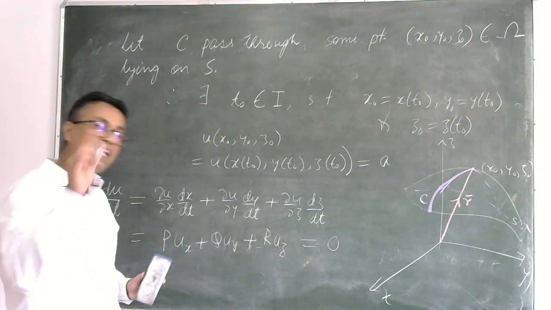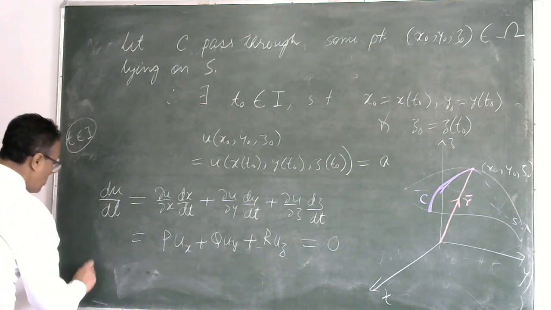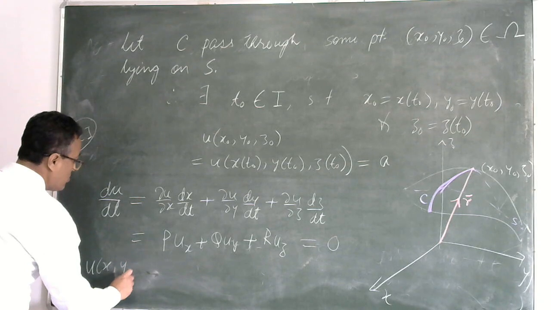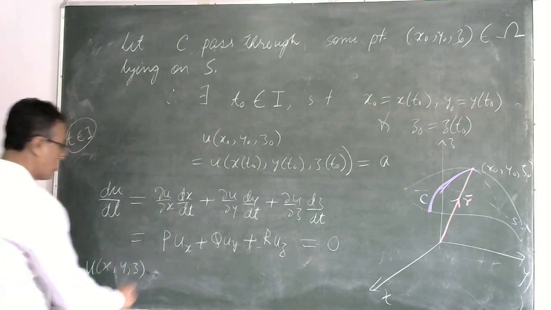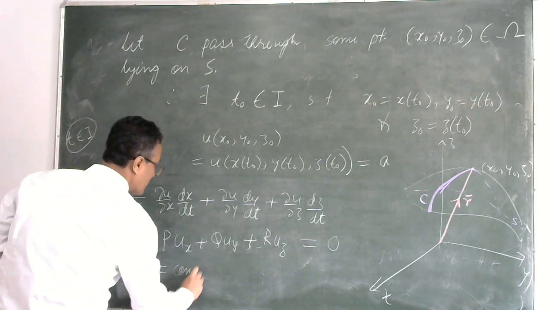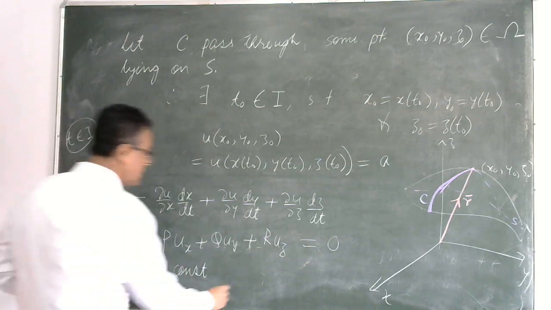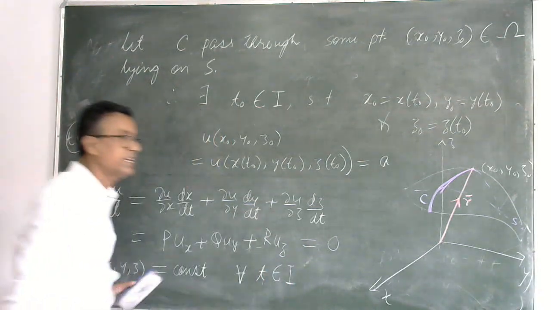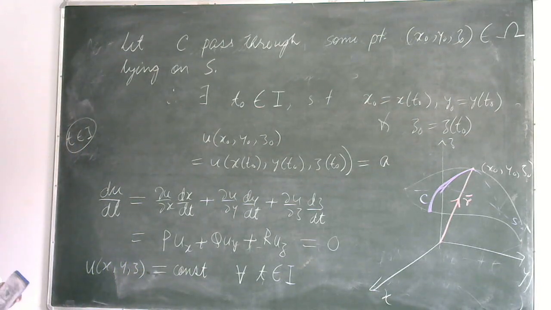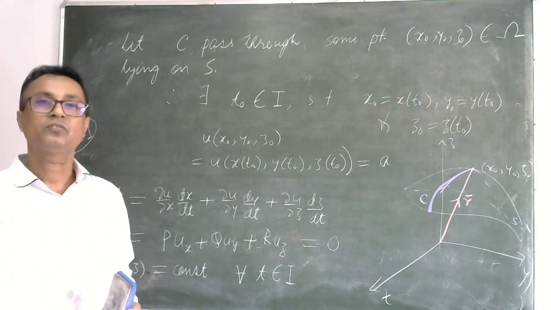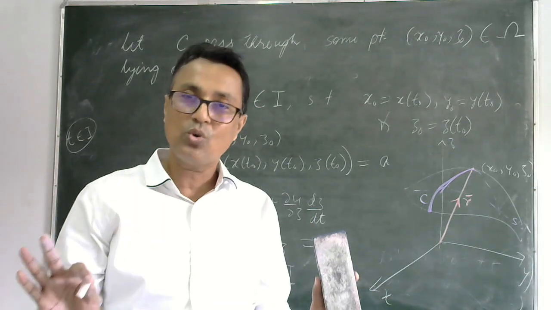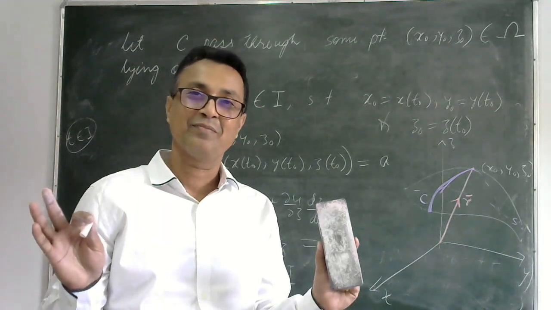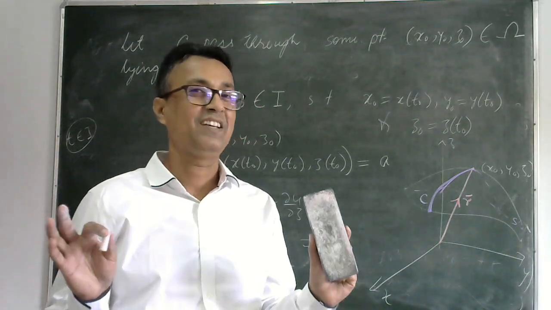That means u(x, y, z) is equal to a constant for all t belonging to I. Right? So far so good.